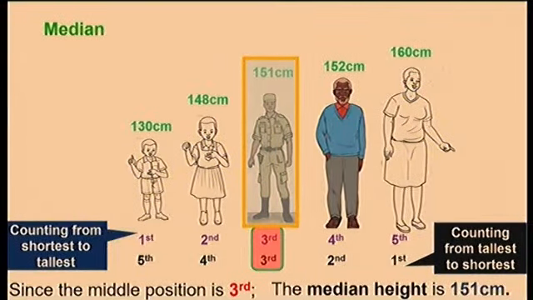So, since the middle position is the third position, we are going to look for the median height, and we say that the median height is 151 centimeters. I hope we are all able to look at that.